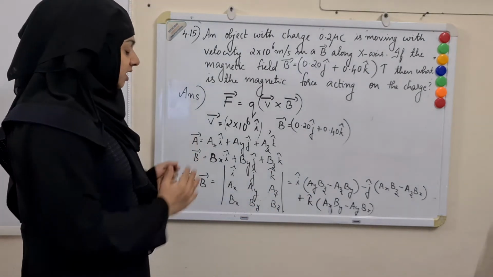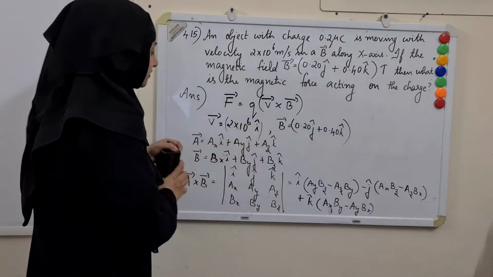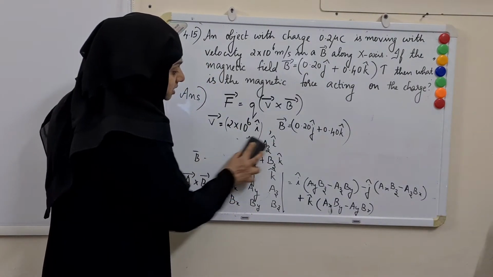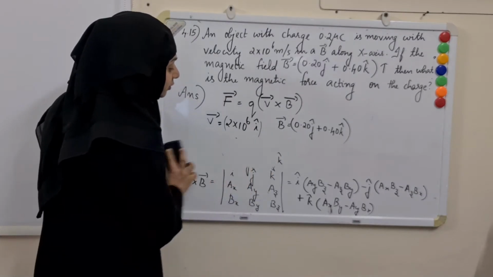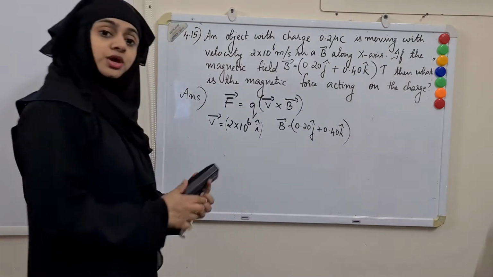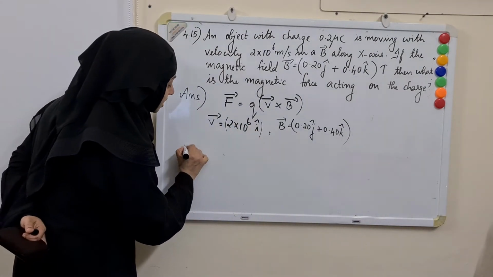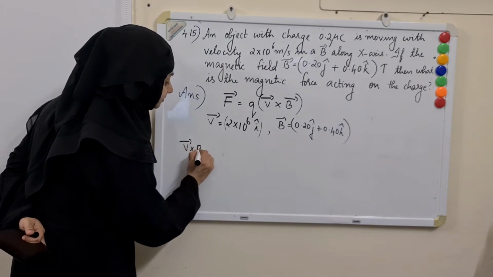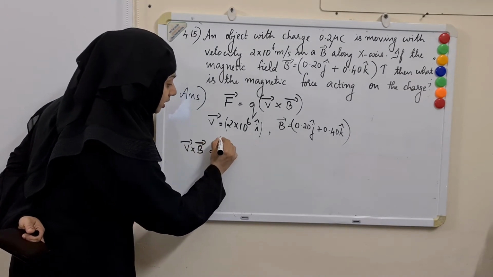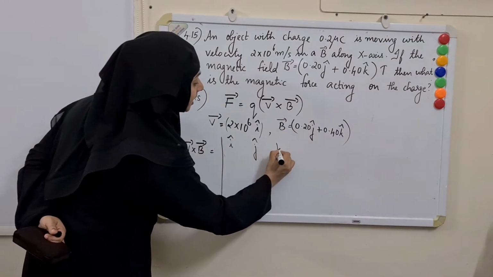Here we will use this method in order to find the cross product of these two. In those directions where there is no velocity or magnetic field, you can put it as 0. So let me represent v cross B is equal to determinant i, j, k.